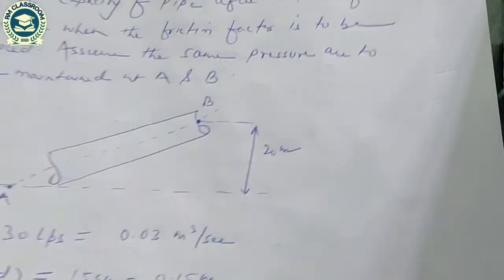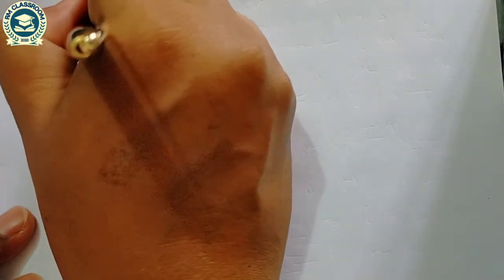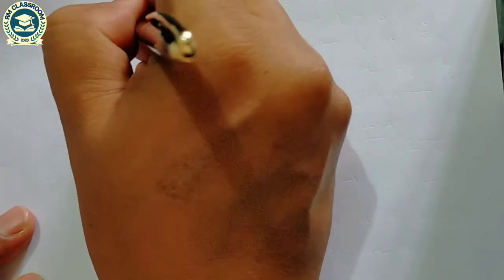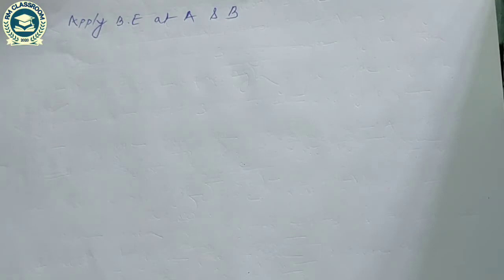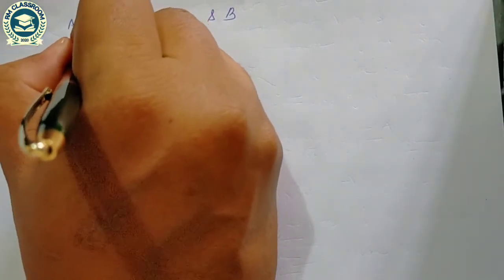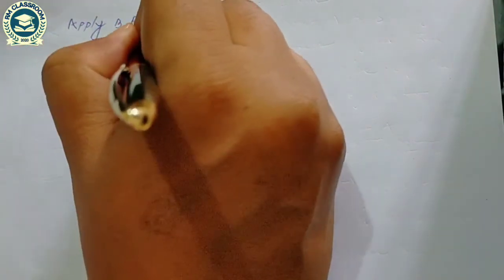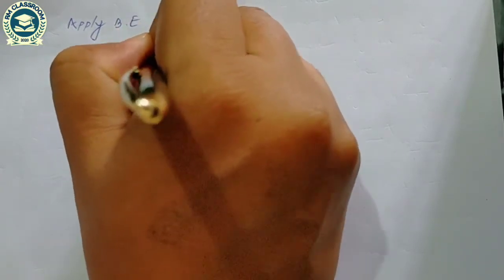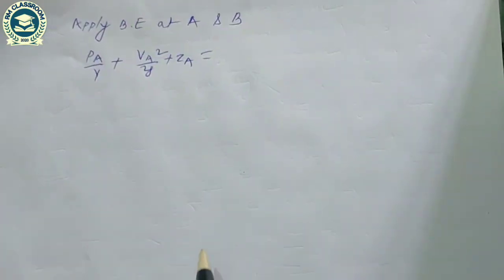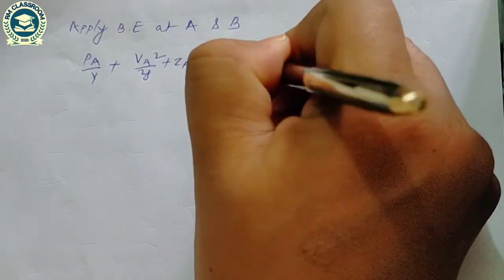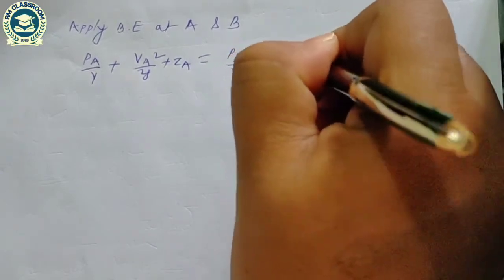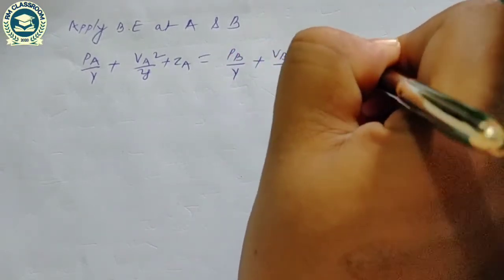If I apply the Bernoulli equation at A and B, we can write PA by gamma plus VA square by 2G plus ZA is equal to PB by gamma plus VB square by 2G plus ZB plus head loss.